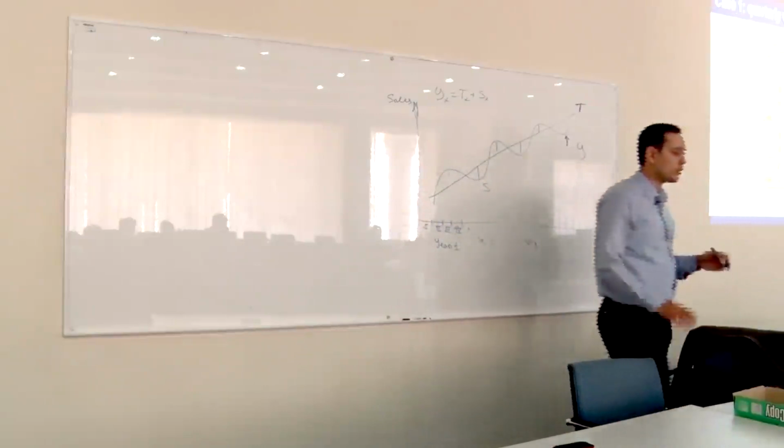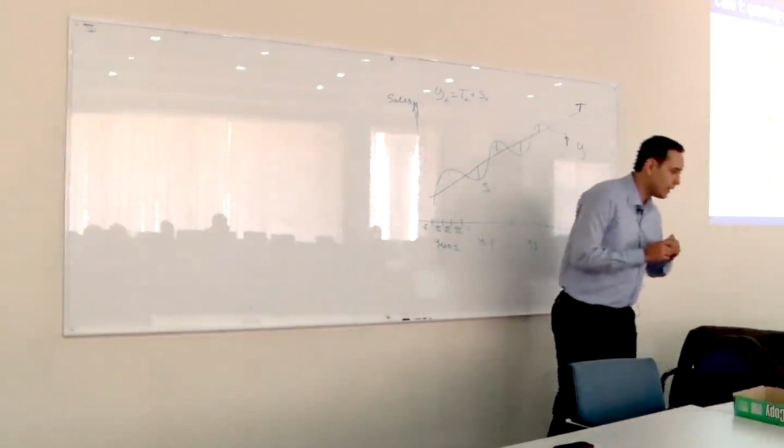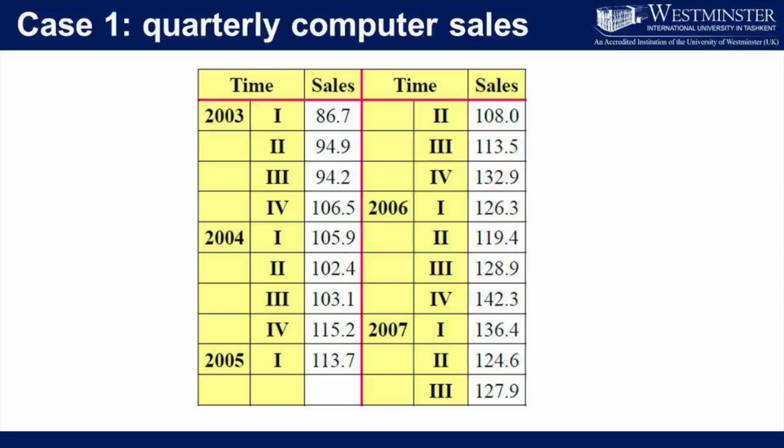Now, we're given data here that shows quarterly computer sales over five years, starting from the first quarter of 2003 to the third quarter of 2007.